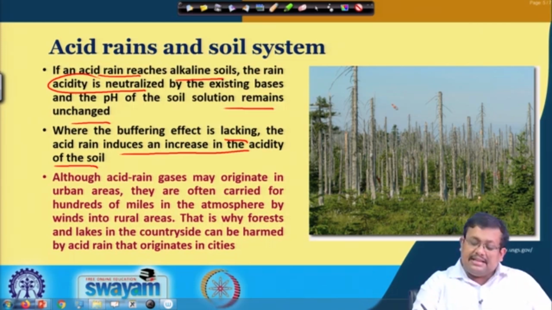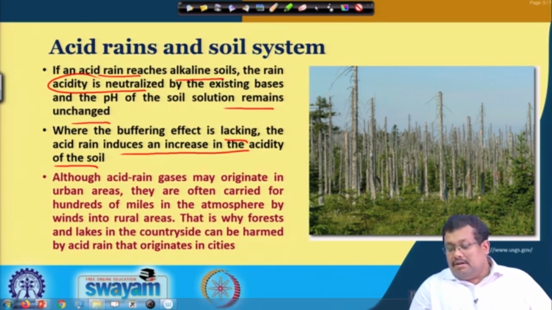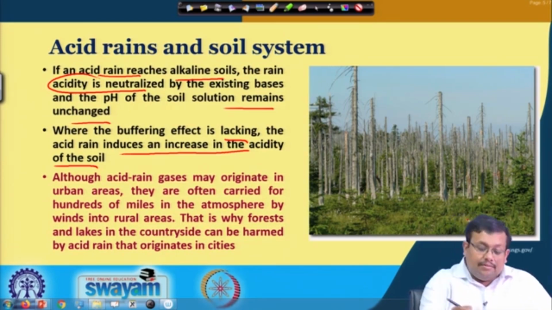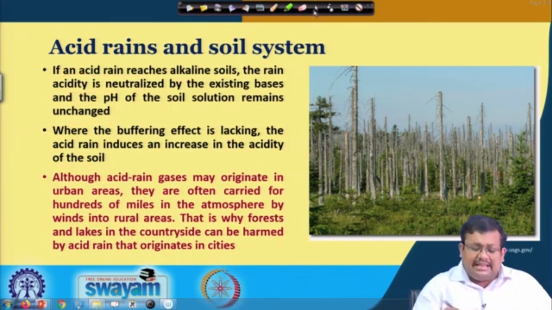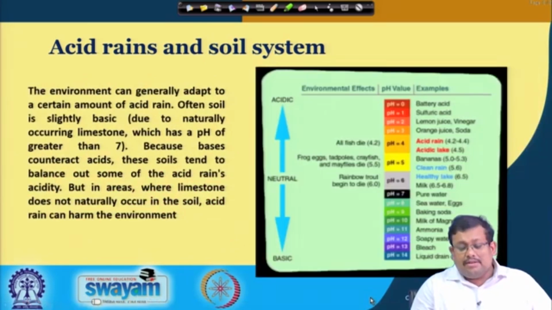You can see that due to the acid rain, a large tract of forest area is getting affected and plants are getting defoliated. So, this is basically the interaction of acid rains in the soil solution.